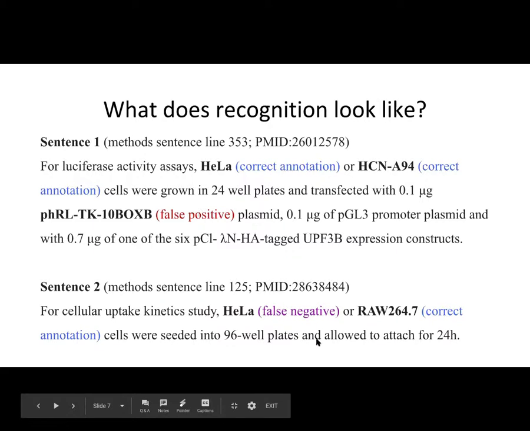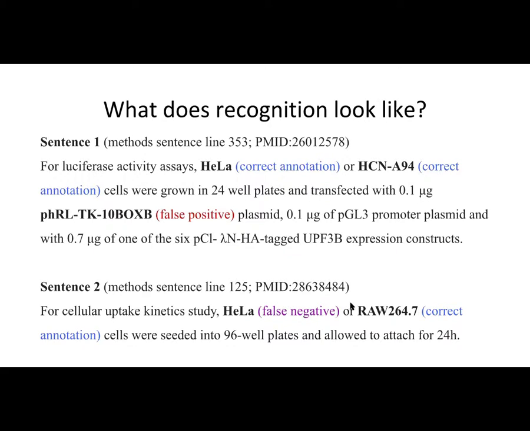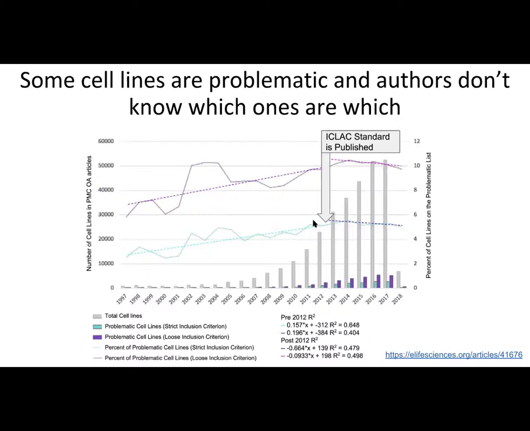So these are the kinds of mistakes that can happen with a text mining algorithm. And the rates are, as I said, the false negative rate is roughly 30%, while the false positive rate is about 5% overall for the particular algorithm.